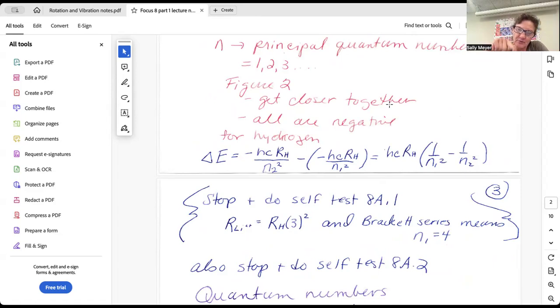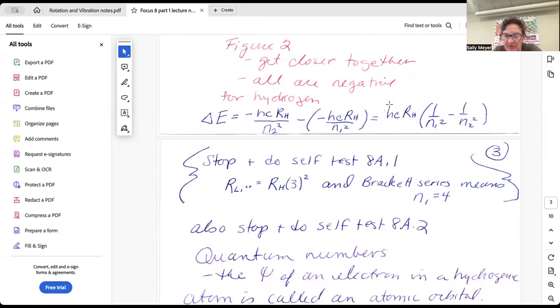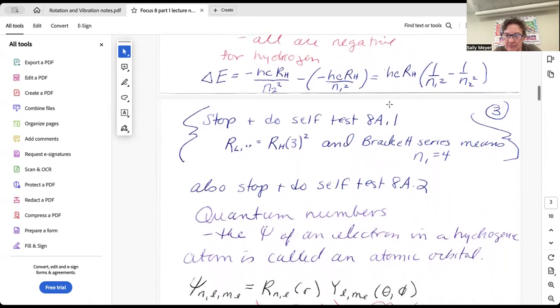And the Rydberg constant for lithium would be the Rydberg constant for hydrogen times the charge on the nucleus of lithium is 3, so times 3 squared. So those two things will help you when you work through that problem. After you work through that problem, also do problem 8A.2.